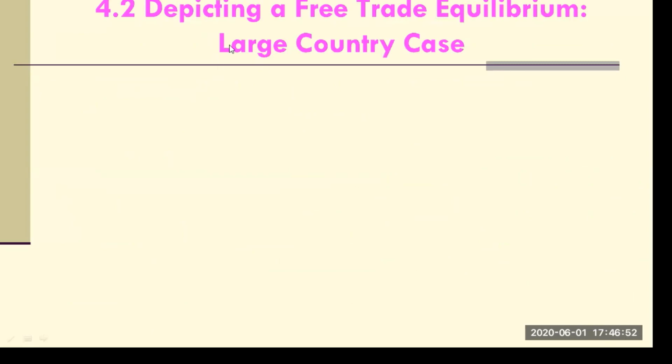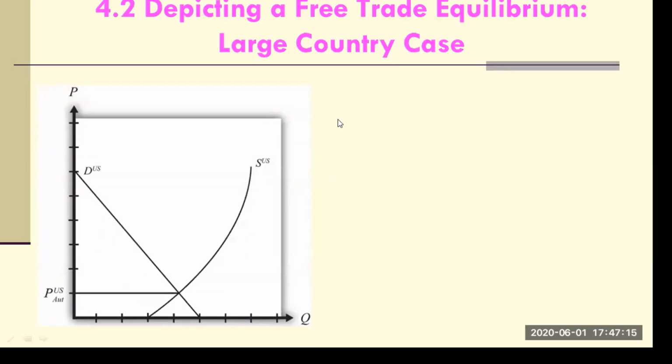Now let's see the diagram depicting a free trade equilibrium in large countries. Let us show the free trade equilibrium in the case of a large country. So let's see this diagram.